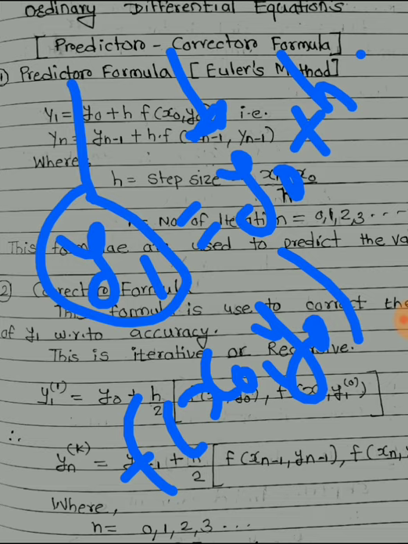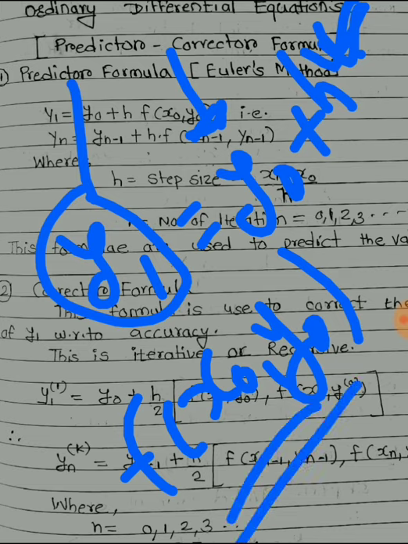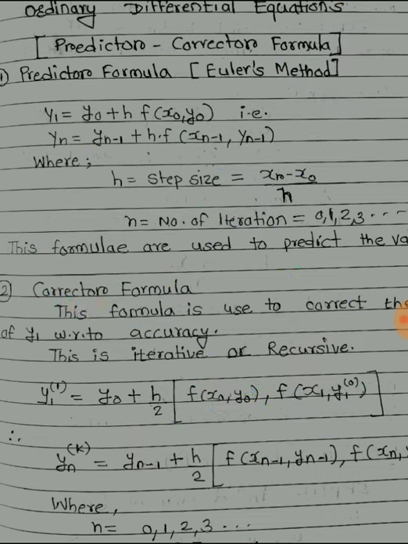Then h is called the step size, and f of x0, y0 is the value of f of x, y at x equal to x0 and y equal to y0.